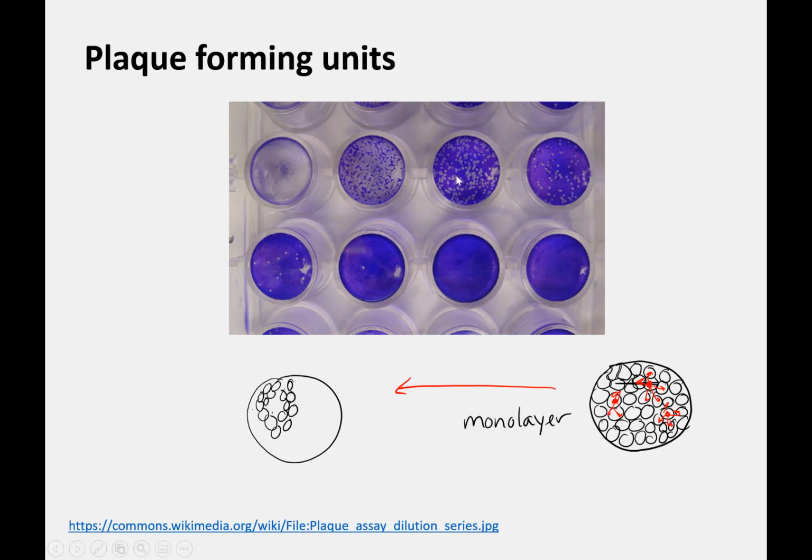All these little dots are representing a single virus. So a virus infected and moved to the neighboring cells, and then when we stain, all the live cells are stained purple, and the holes in the monolayer are caused by one infectious virus.